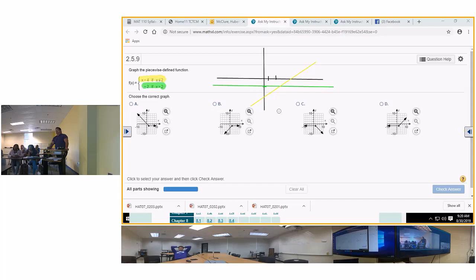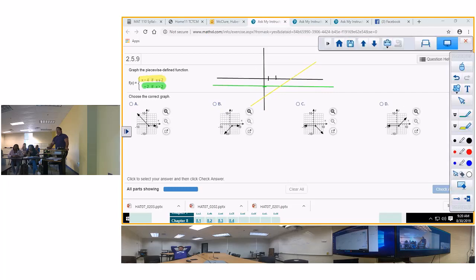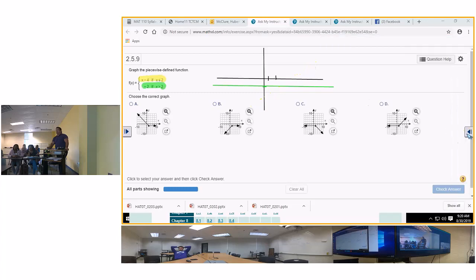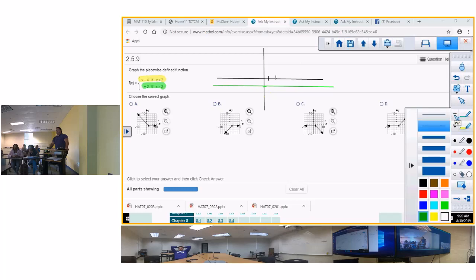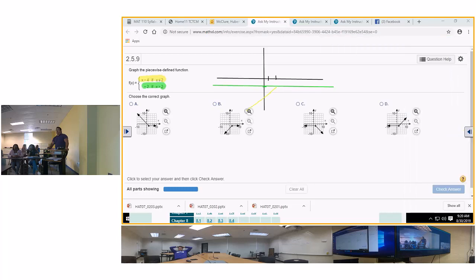Okay? So I'm going to erase everything above 2. Everything above 2 is right here. It's probably going to erase the whole thing. Yep. So I'm going to redraw my yellow line at just 2, right about here. Okay? There's my yellow line.